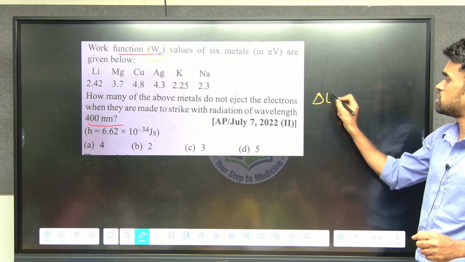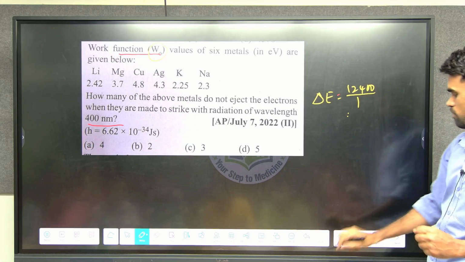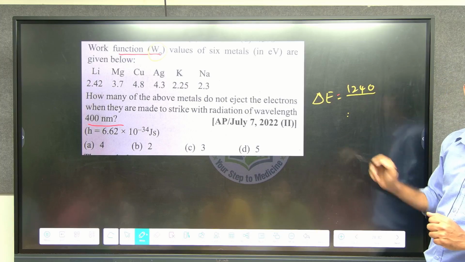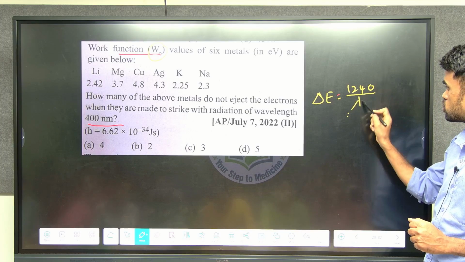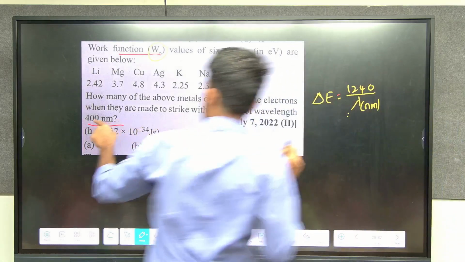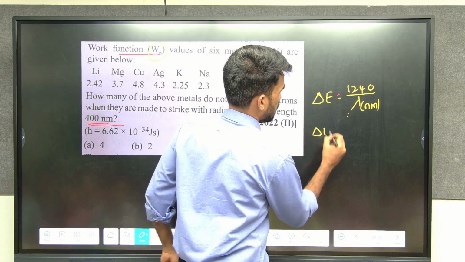Energy is equal to 12400 by lambda. 12400, not double zero, single zero. Lambda should be in nanometers, put it in, nanometers is given. So what is the energy now?